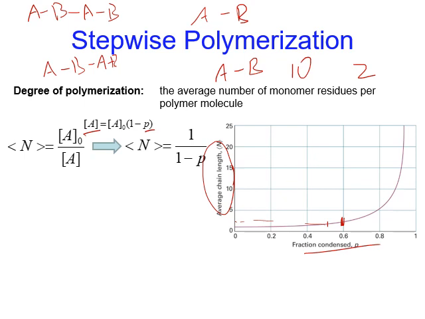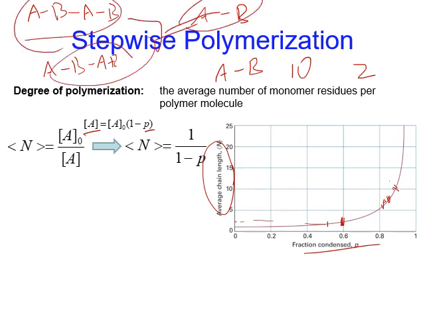Only when the fraction condensed is high, for example above 80%, then in the solution there are not a lot of monomers left, and then these start to react. So the chain starts to grow long, suddenly increasing and rising to a large number. Now we can also use the integral rate law for concentration as a function of time.